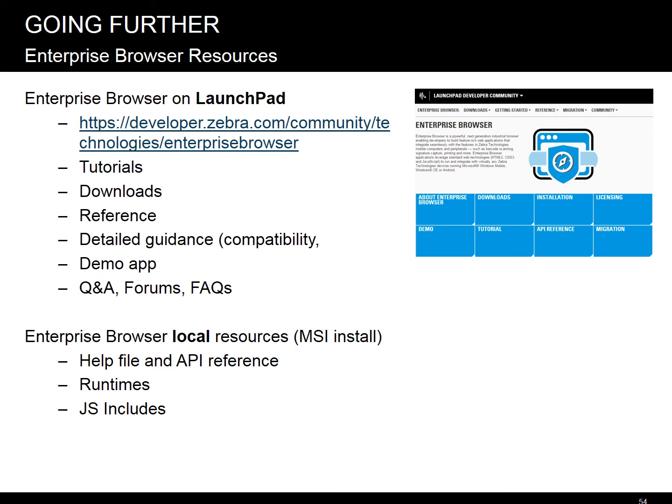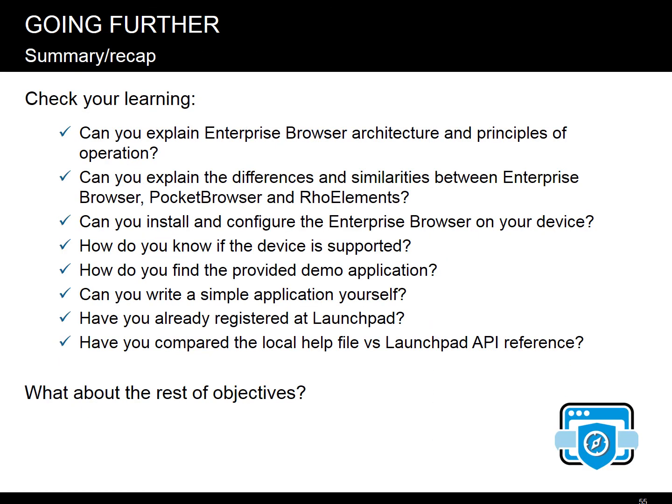When in need for more knowledge or help, Launchpad is your first destination. Also, check out what you've got with the EB installation. There is a local reference. Plus, you can study some of the API source code if you are that interested. Okay, this is it. Check if you can now answer all these questions.